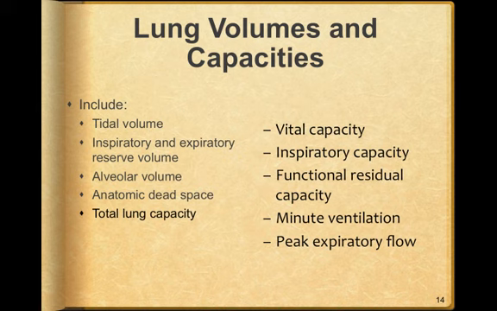Vital capacity, we'll talk about that. That's a lot easier to see with the graphic. Inspiratory capacity, same with the graphic. Functional residual capacity is the leftover functioning air or space. Minute ventilation, again, I have some formulas on this graphic that we're about to see. And then the peak expiratory flow, and that's pretty easy.